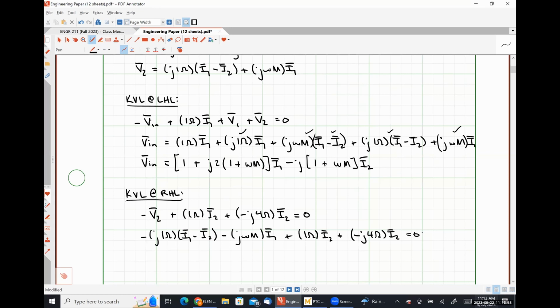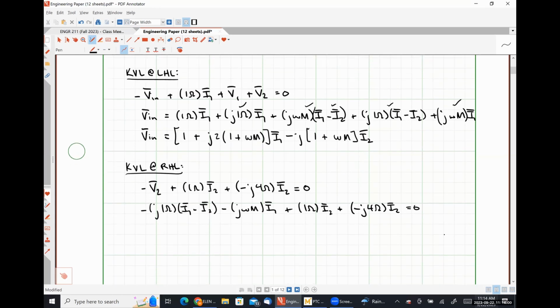And I'm going to tidy things up. So for my I1 term, it doesn't look like I have any real component, right?